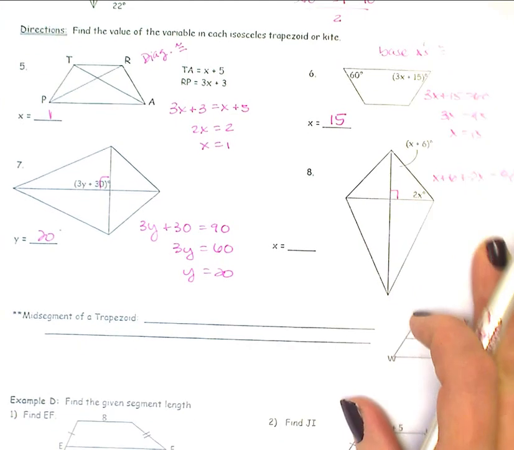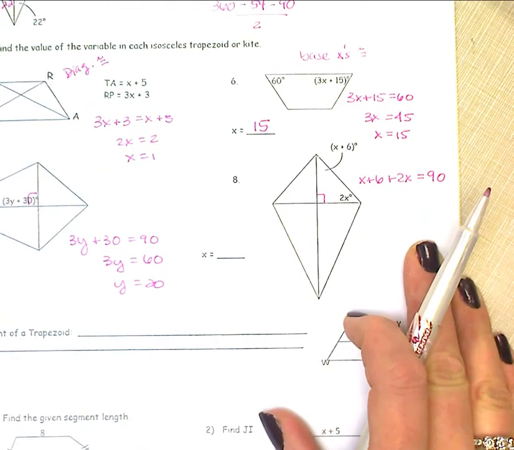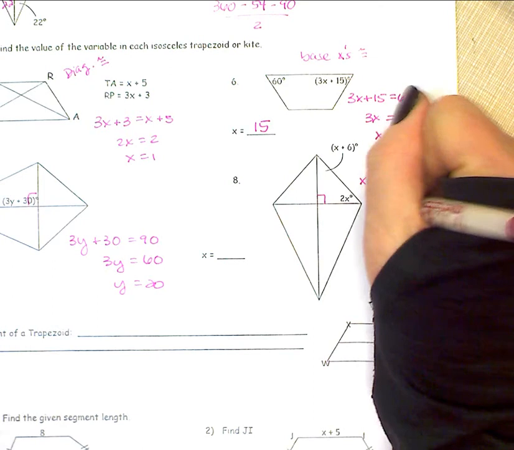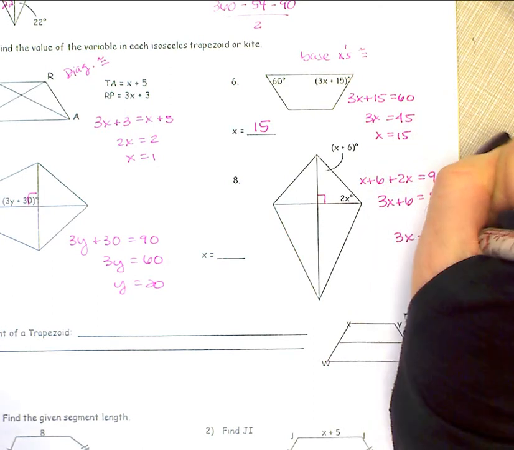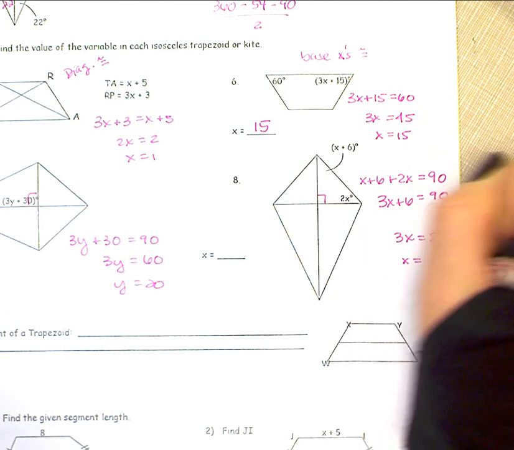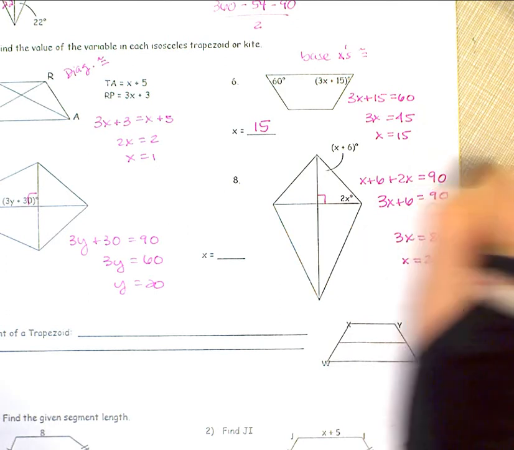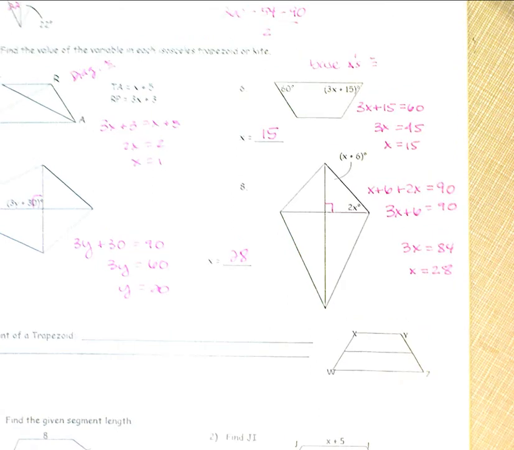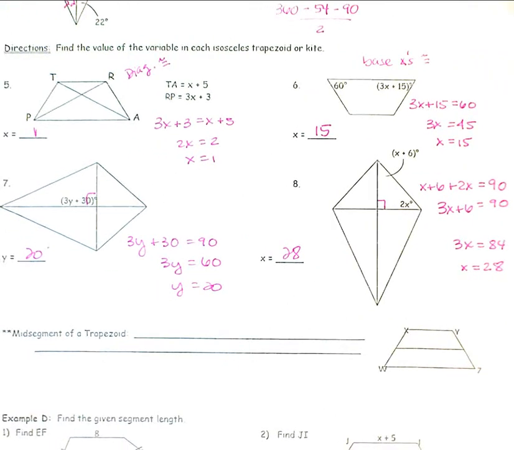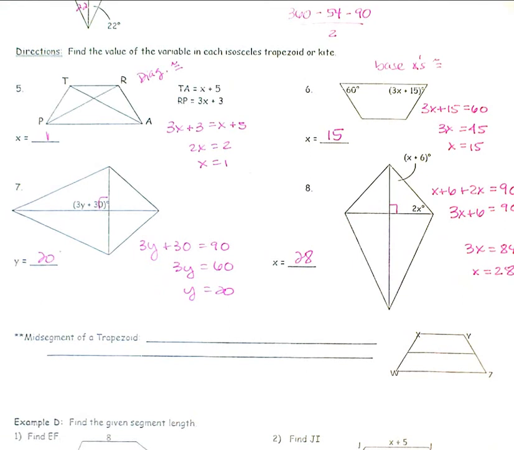I'm off the video. Come on now. All right, 3x plus 6 equals 90. 3x equals 84. Let's see, it goes in there 28 times. There we go. All right, so I will get all of that in the green. I don't know if it'll all fit. There we go.